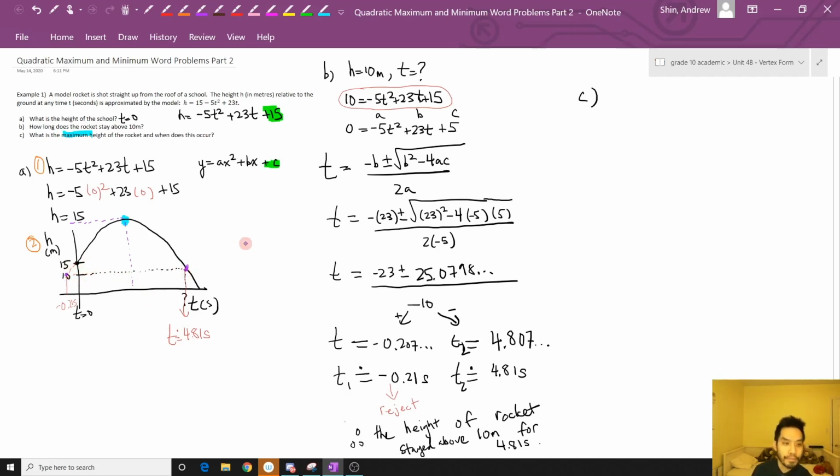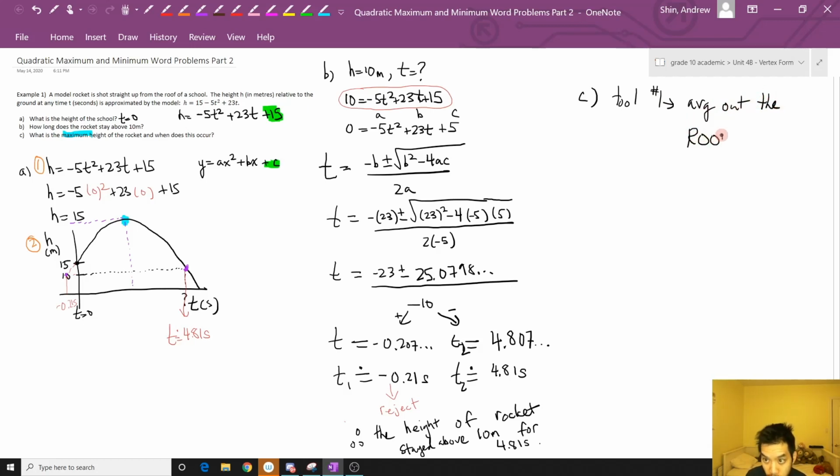So for part C, we can complete the square to find the vertex, or we can average these two symmetrical points on the parabola. Notice I'm not calling them t-intercepts because that's not where it hits the t-axis, but it still works because these are two symmetrical parts of the parabola, and in the middle would be the axis of symmetry. So we have two options. Tool 1 is to average out the roots.